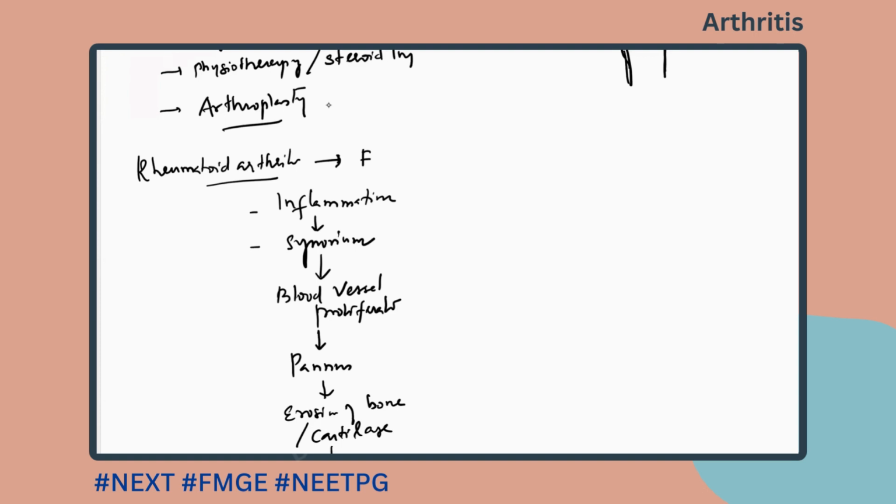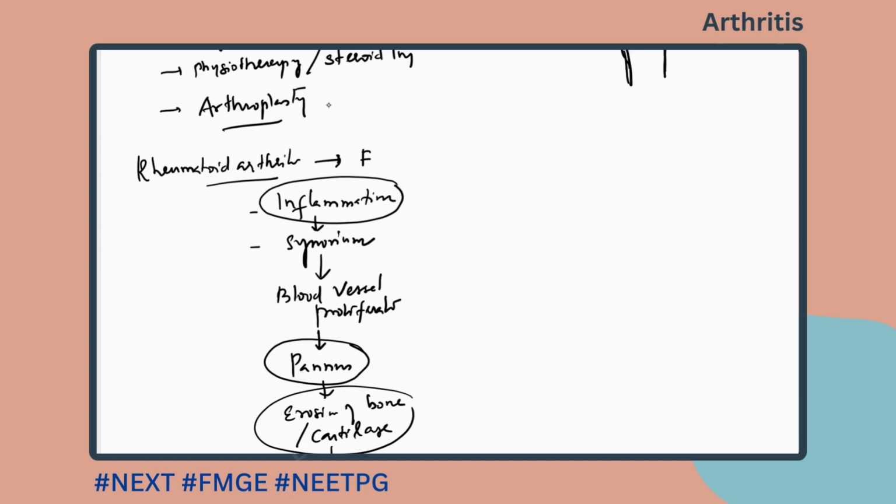So a very, very important point in rheumatoid arthritis: it occurs because of inflammation. It causes pannus formation, which causes erosion of bones and cartilage. So pannus formation is very important in rheumatoid arthritis.